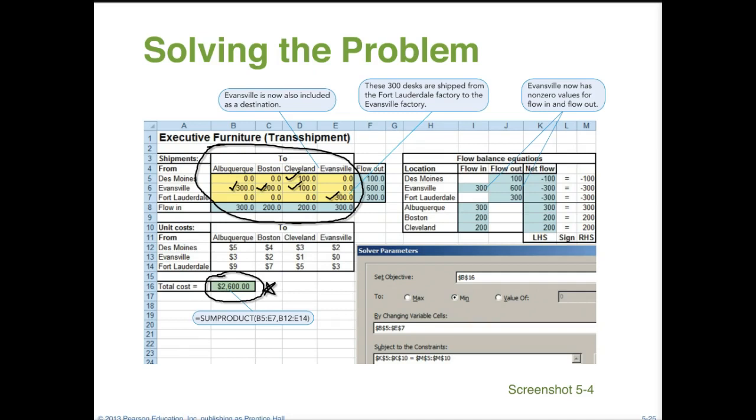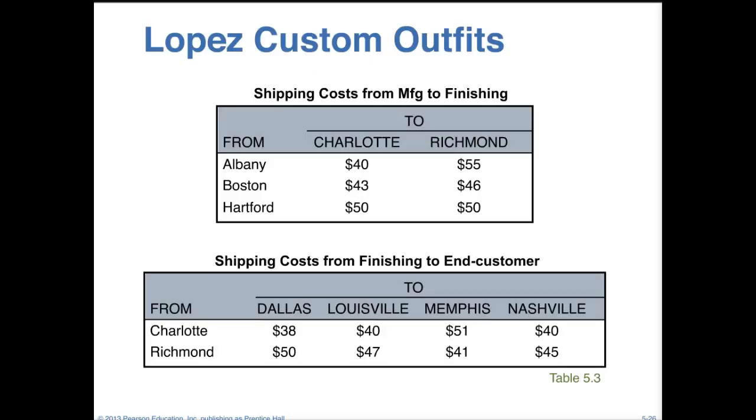All right, so let's go ahead and move on. So now what we want to do is look at this a little differently. Now we have another situation where we're going to use the transshipment model.